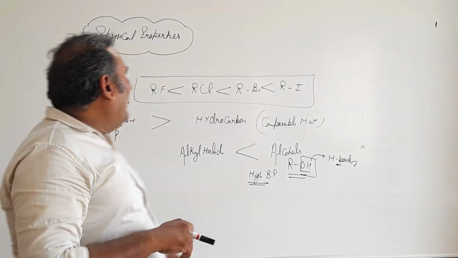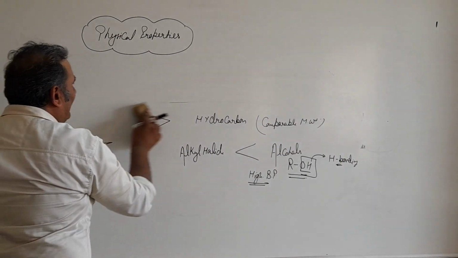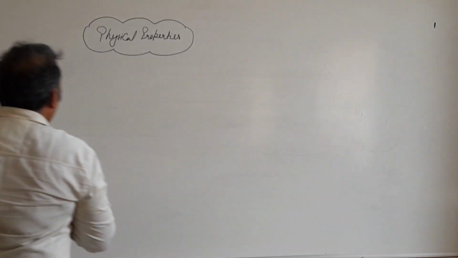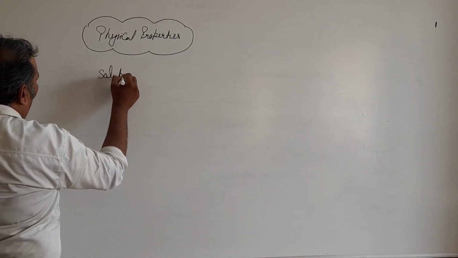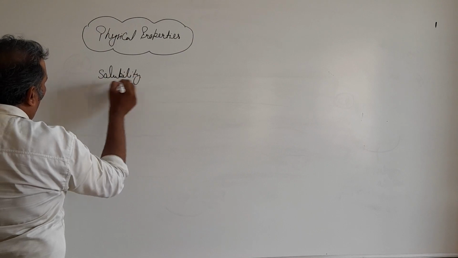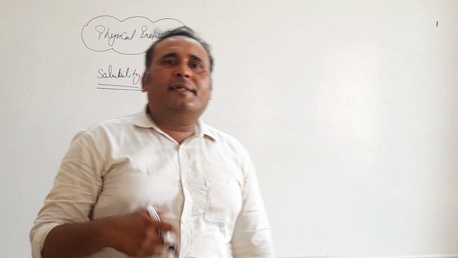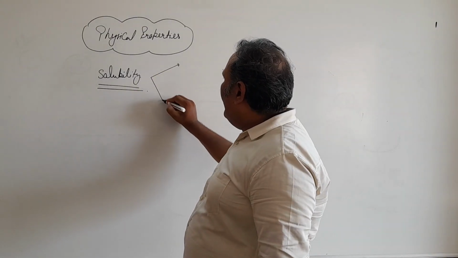The second physical property of alkyl halides is solubility. If we are discussing solubility, we should know that we have two types of solvent.